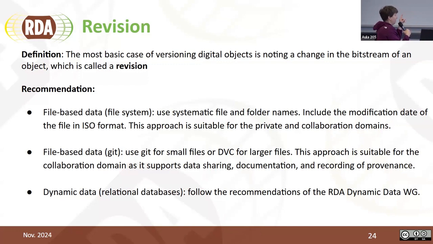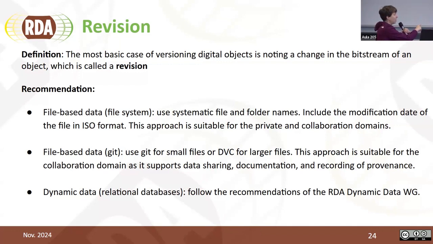This is a different type of dynamic data, because the RDA Dynamic Data Working Group developed their recommendations for a database that is collecting an increasing amount of information, typically like diatom or geochemical databases where you frequently add new data to the very same database. So if you did the search today, you would get a result, but if you did the same query in 5 years, you would not get the same result.